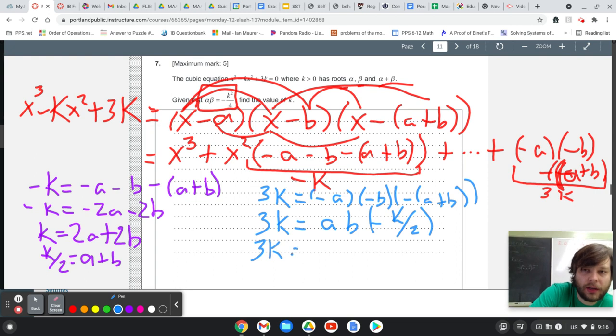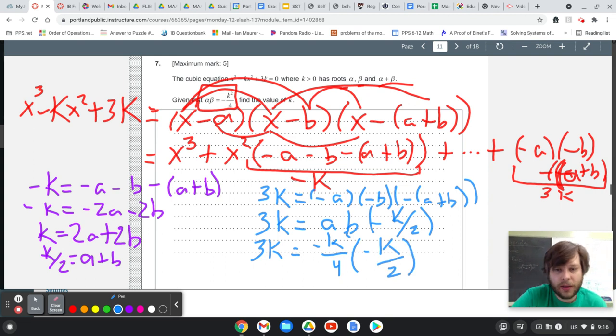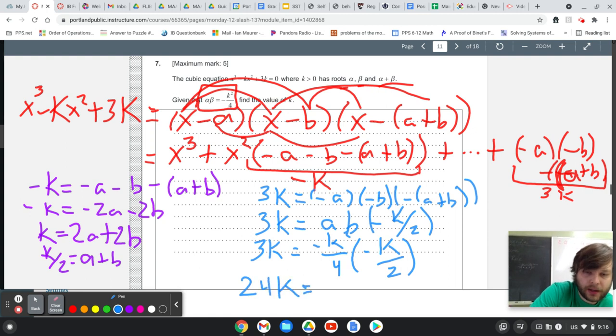3k equals, what was a times b is negative k squared over 4. So we have negative k squared over 4 times negative k over 2. That's great. So we multiply both sides by 8 to get rid of the fractions. So that would be 24k equals k to the third power.